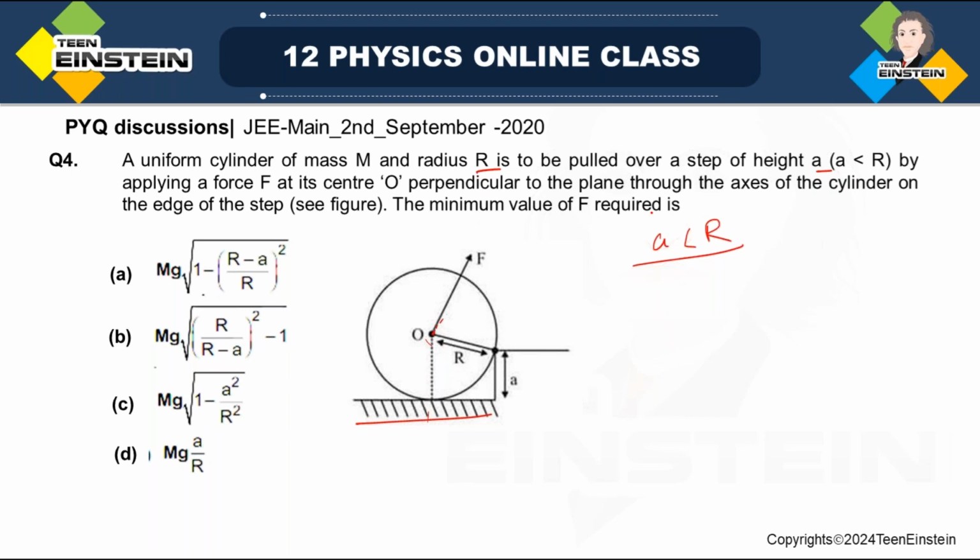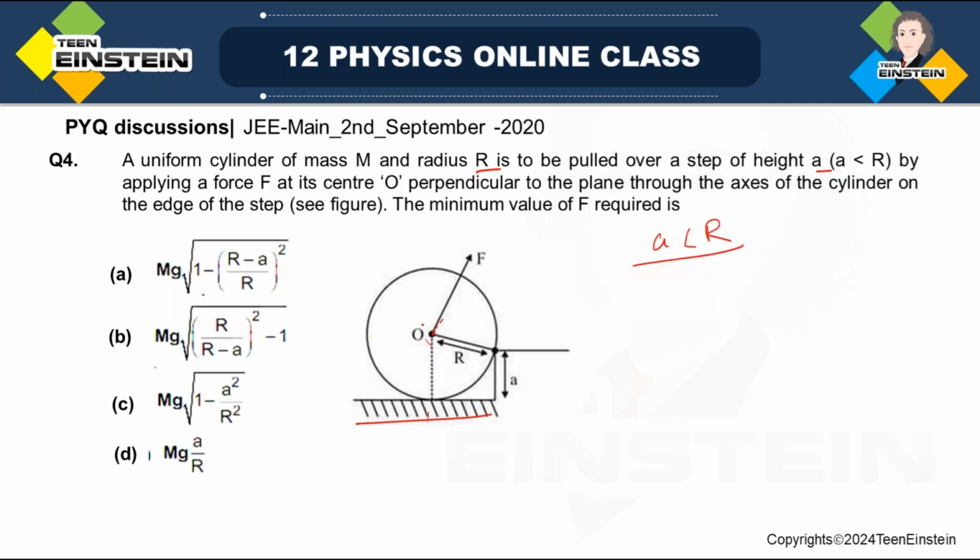Now what is the minimum value of force F required for this? Ultimately, you are just pulling a cylinder over a step. The step has height a and this cylinder has radius R, which is much greater than a. So what is the force you have to apply at the center of the cylinder, normal to the axis, so that you can take it over the step?